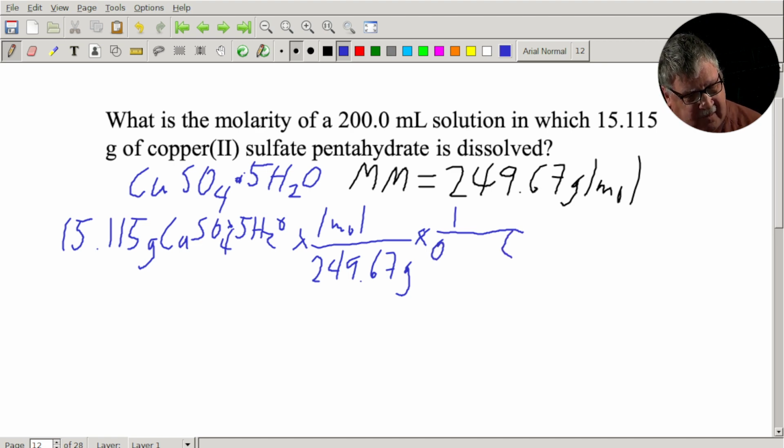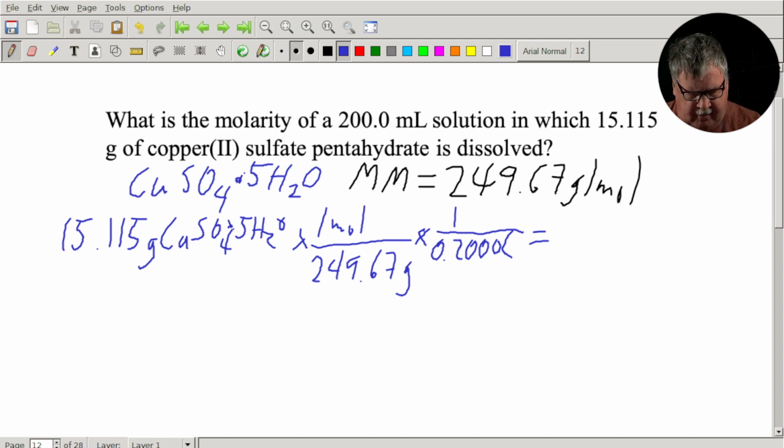Yes. So I just divide my 200 by 1,000, which means I move the decimal place over 3 places to the left. And so if I just take that number of moles and I divide it by the volume of the solution I have in liters, that's going to give me my molarity.